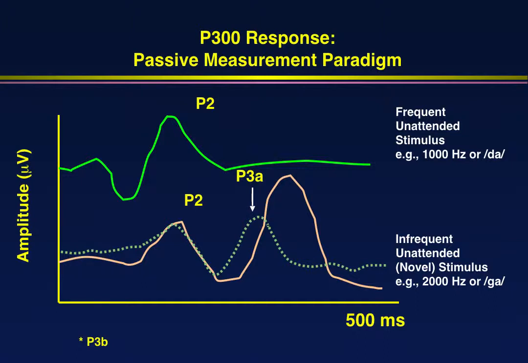About 20% of the time, and randomly, there's an infrequent, unexpected, unpredictable stimulus. If the person's paying attention to that stimulus, you get a big response at 300 milliseconds. If the person's not paying attention to the rare stimulus, then you'll get a smaller wave a little earlier than 300 milliseconds.